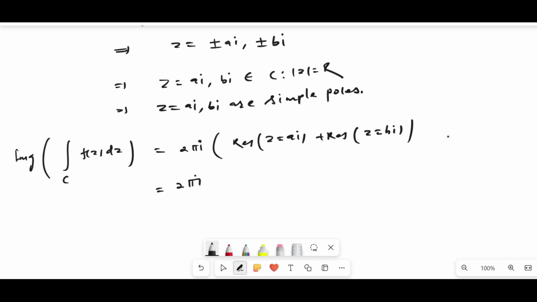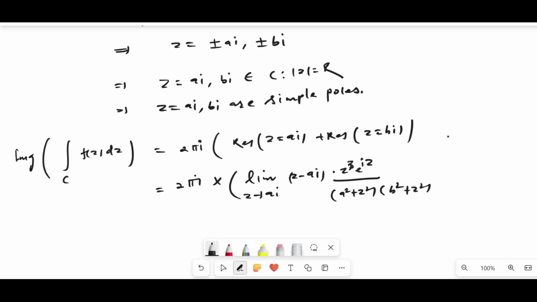So this is equal to 2 pi i multiplied by the limit z tending to ai of z minus ai times z to the power of 3 e to the power of iz upon a square plus z square b square plus z square, plus the limit z tending to bi of z minus bi times z to the power 3 e to the power of iz over a square plus z square b square plus z square.